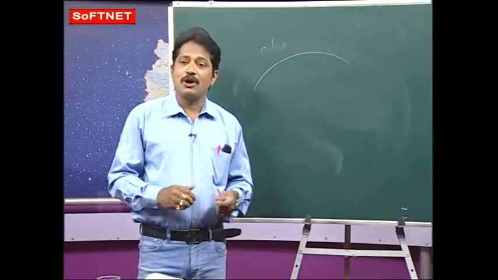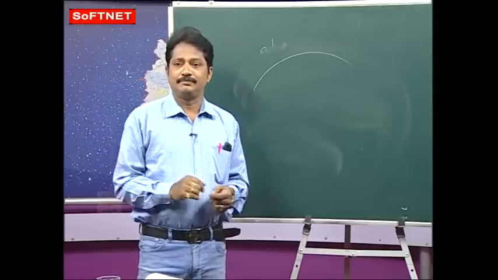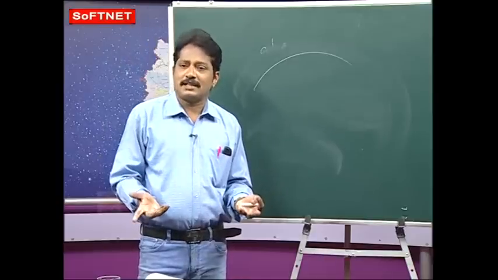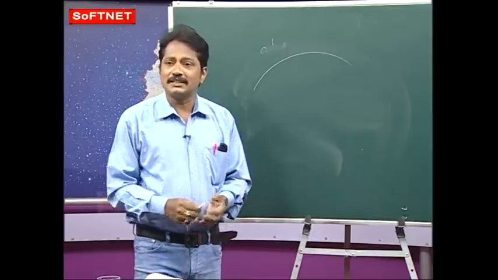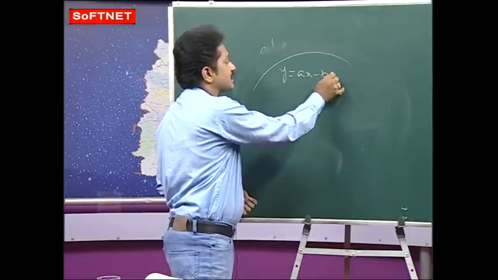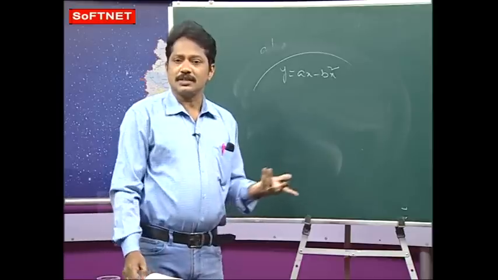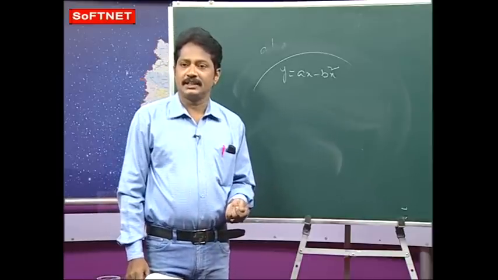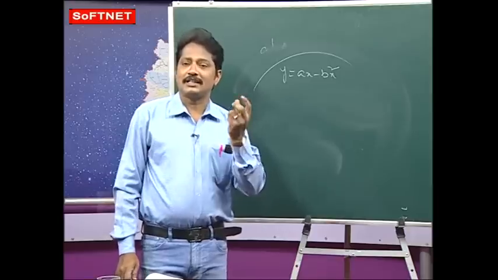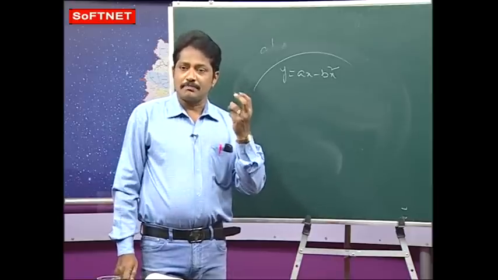So if you want to know how the rocket will travel, when it's projected, it becomes like a projectile. So its path is in the form of y = ax - bx². It's a quadratic equation, correct? Once you know the nature of the quadratic equation, you can understand the path of the projectile.